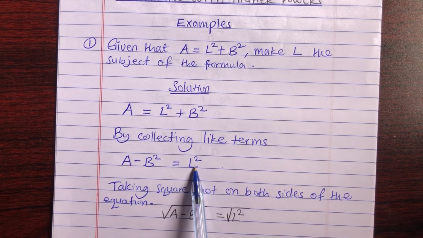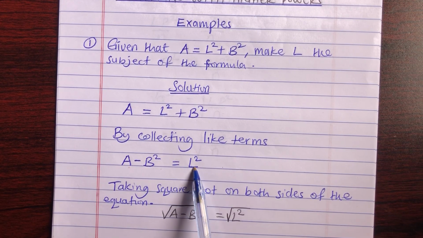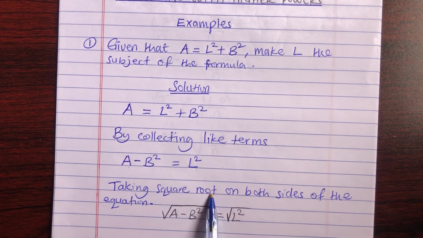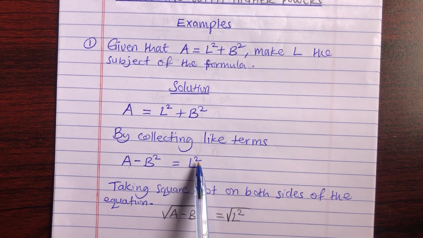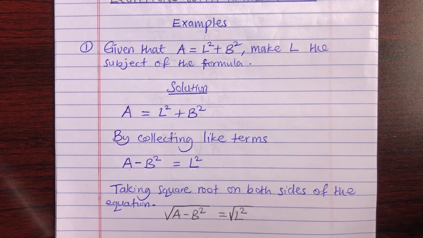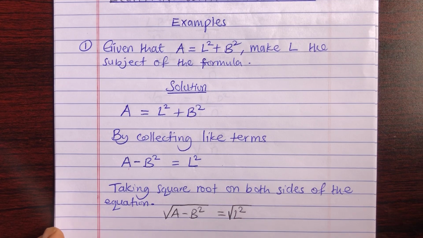After that, we have L on one side, but that L is having a power. So our next step will be eliminating the power on L. So we shall take the square root on both sides of the equation. Since it is having a square, we can eliminate the square by applying square root, but this is done on both sides.